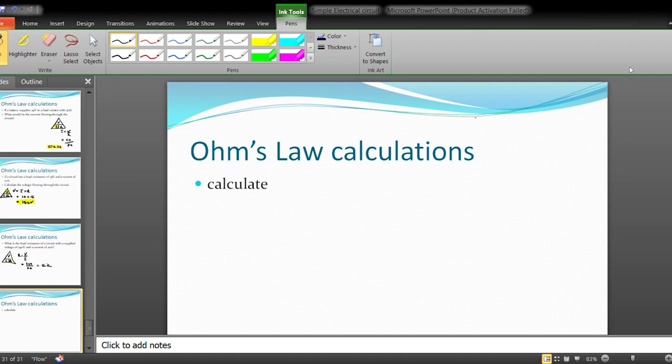Alright, so for this one we're going to use a circuit diagram instead of a worded question.